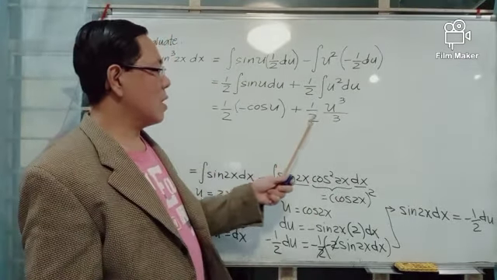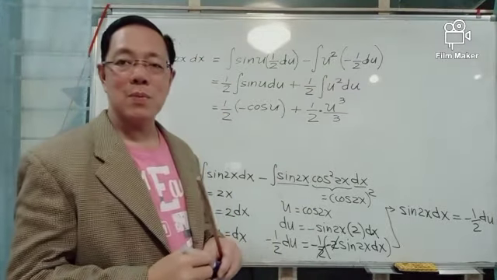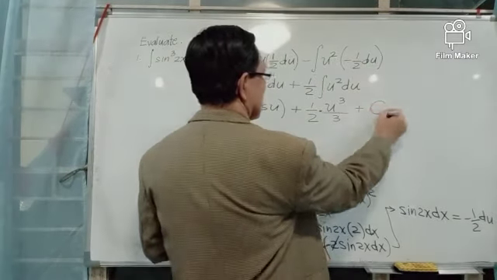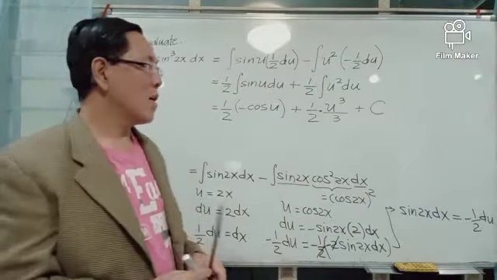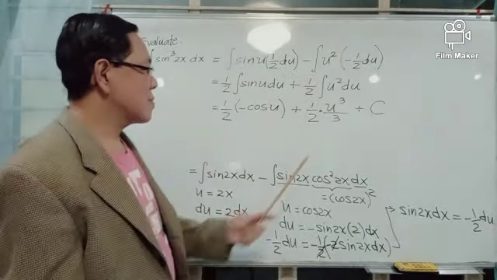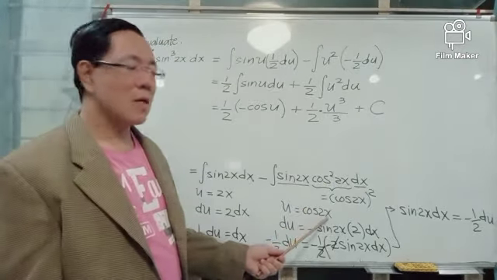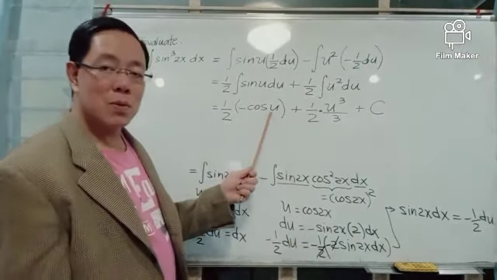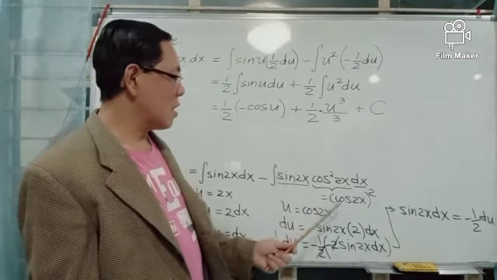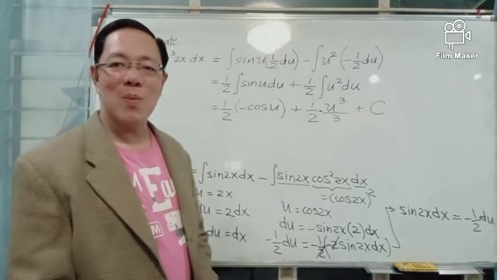This is actually 1/2 multiplied by u cubed divided by 3 plus the constant of integration c. In the first term, our u is 2x. In the second term, our u is cosine 2x. And we replace u here with 2x and u here with cosine 2x to write the answer in terms of the original variable x.